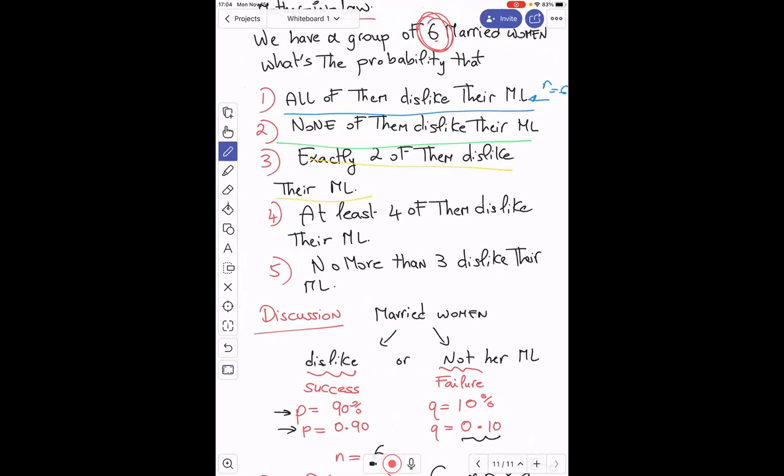A success is when the married woman dislikes her mother-in-law. So the number of successes here would be 2, of course. So we need R to be equal to 2 in number 3. Same N, same P, same Q, but R would be equal to 2.